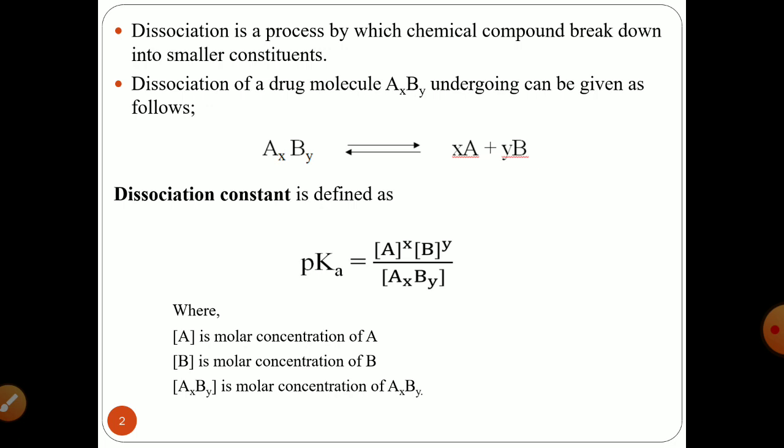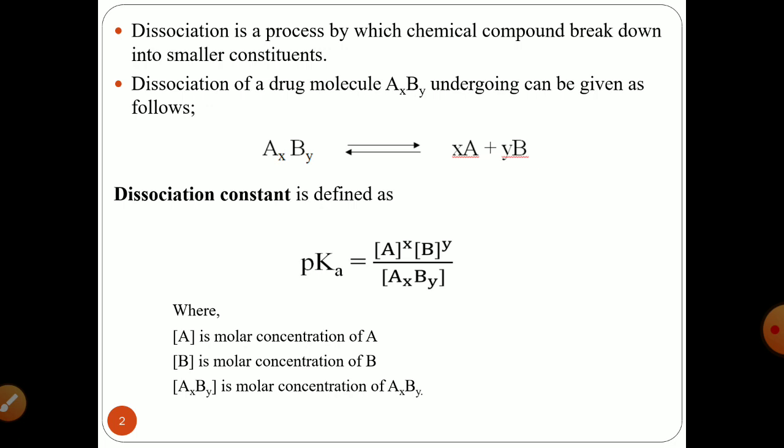dissociation. Suppose you have a component AXBY which undergoes dissociation. Upon dissociation, this AXBY may be converted into its individual constituents as X number of A component and Y number of B component.